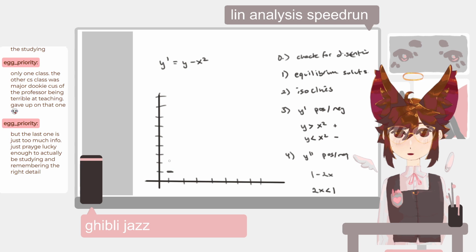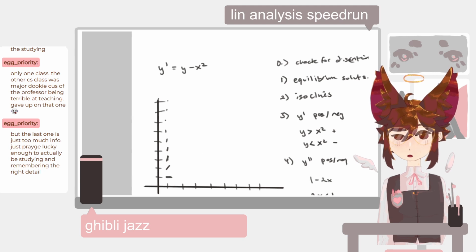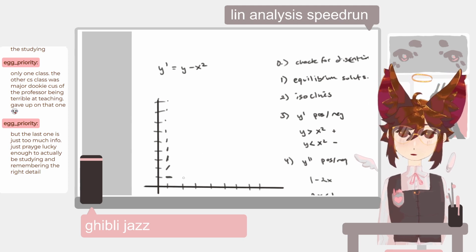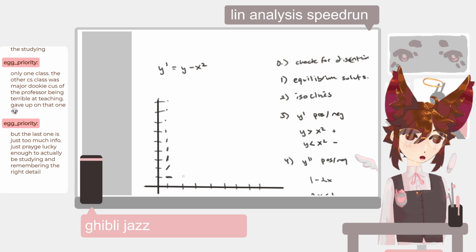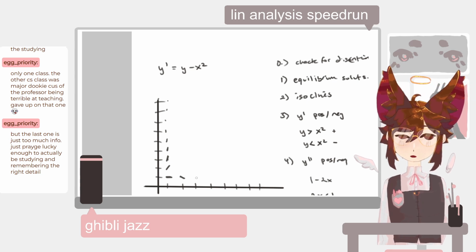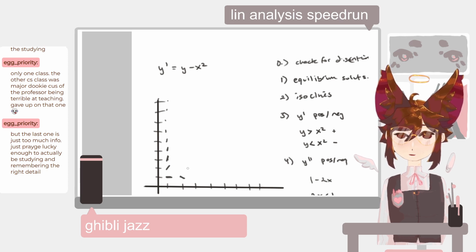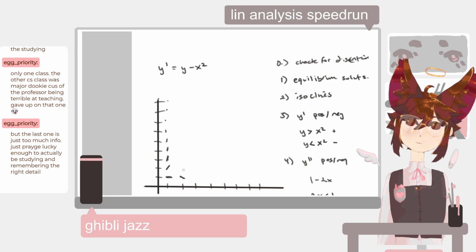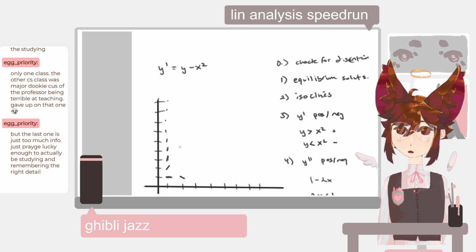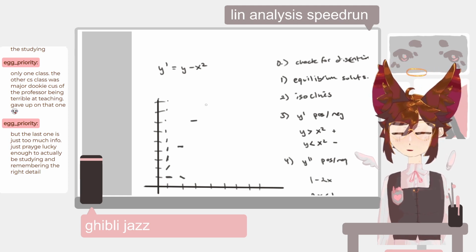We know the slope is going to be getting more and more positive as we go up, so something like that. And then here, when x is 2 and y is 1, it's going to be kind of negative. And then eventually it'll turn more positive along, wait a second, y is less than x squared. Okay, this is kind of weird to think about.